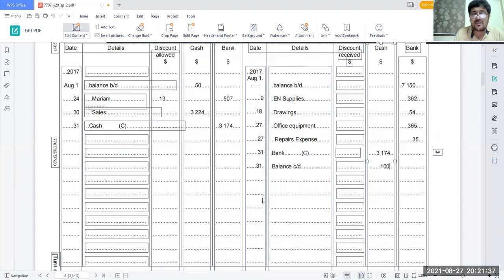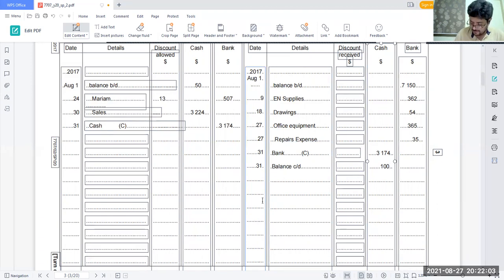And what about bank? We have to calculate. Now in bank, we have 7150 overdrawn, plus 362 gone, plus 54 gone, plus 365 gone, plus 35 gone. Total 796 is gone. Okay. Minus 507 minus 3174. The answer is 4285.